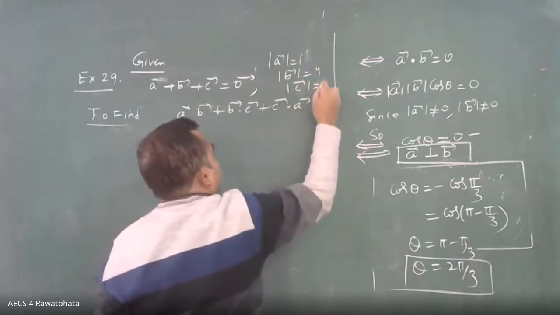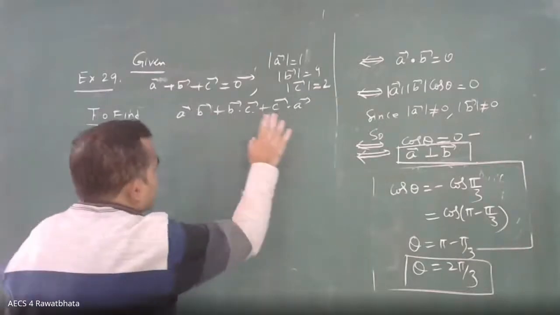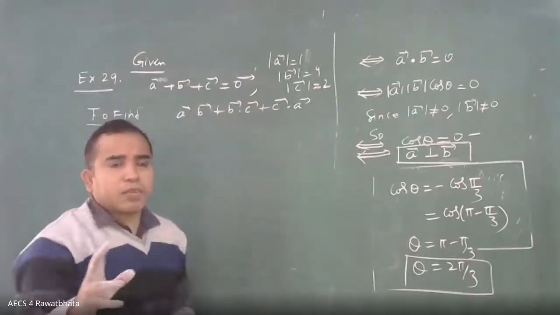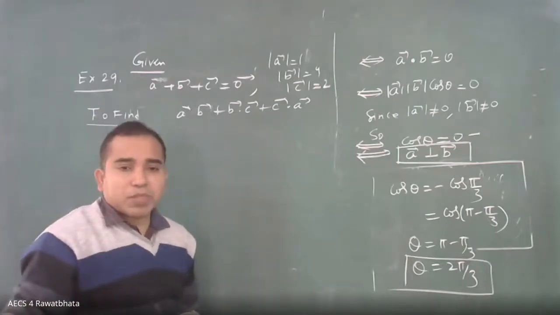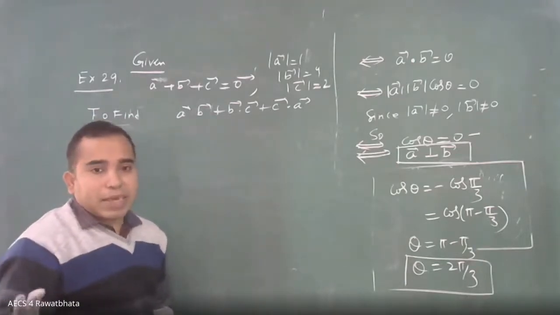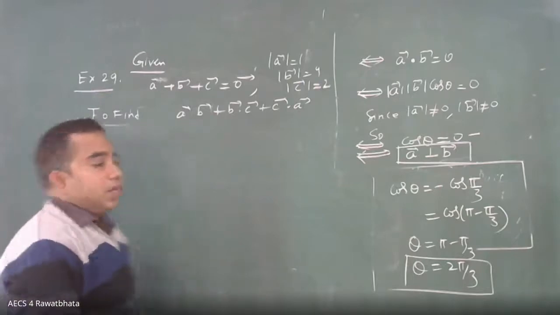This is given. Okay. So students, this kind of question was there in some of the previous exercises. AB plus BC plus CA comes from A plus B plus C whole square. So take the dot of A vector plus B vector plus C vector with itself.